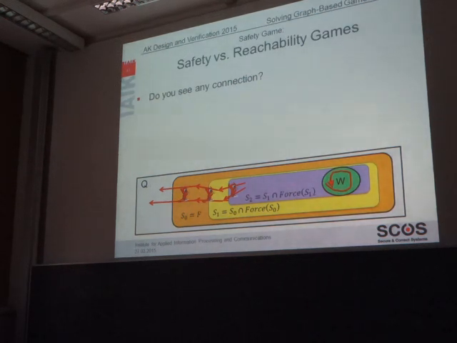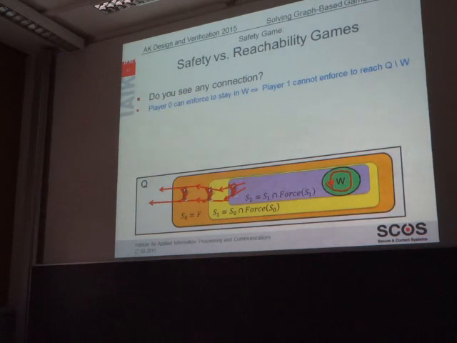Actually, you have already started to wonder about this thing. There is a connection between safety games and reachability games, because, as you already said, the set of OR states from which we can stay here is exactly the set of OR states from which the evil guy cannot reach a bad state.